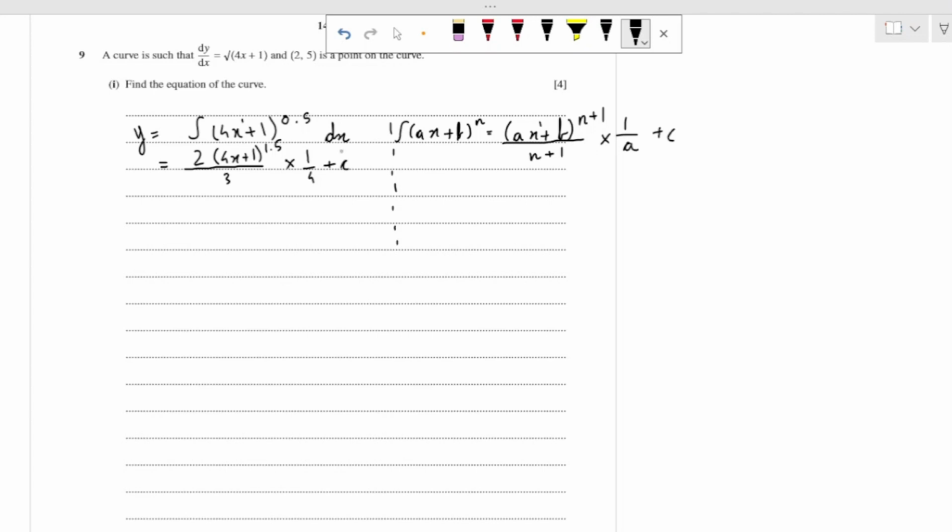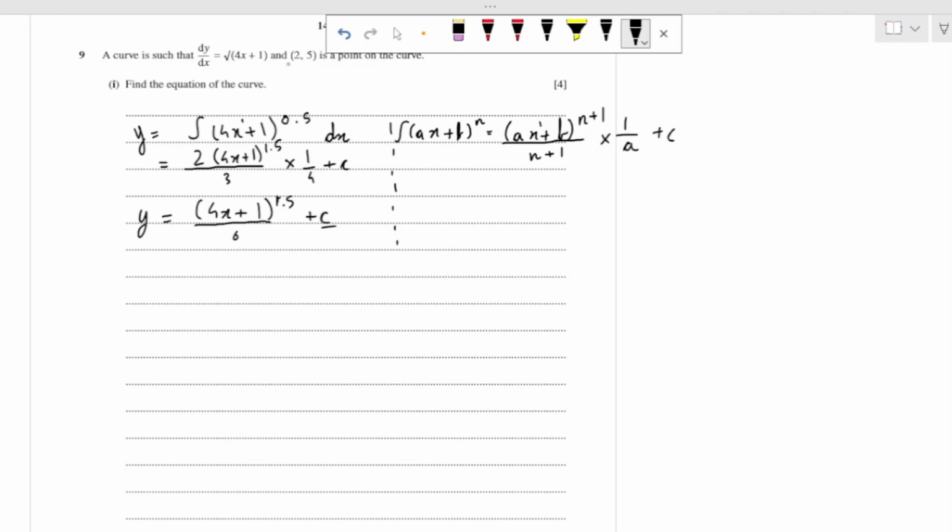Now we can calculate 2 over 3 times 1 over 4 and simplify. So y is equal to (4x plus 1) raised to power 1.5 over 6 plus c.